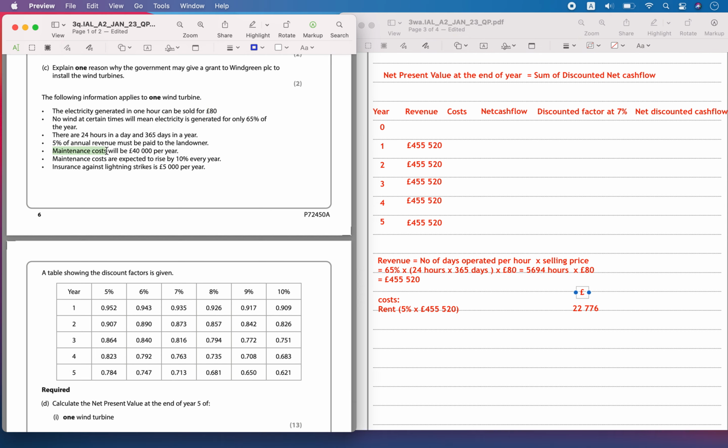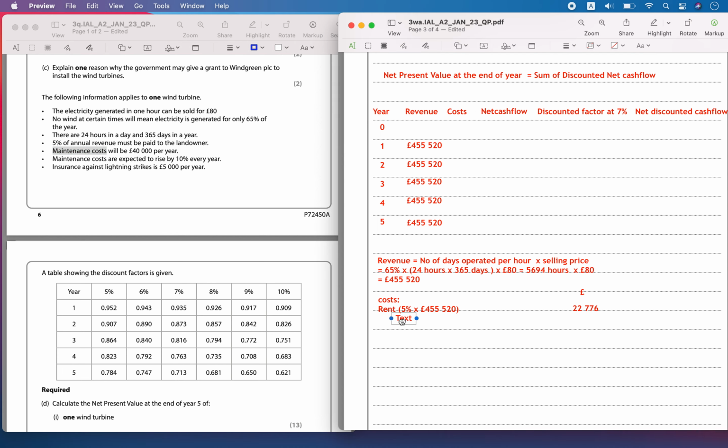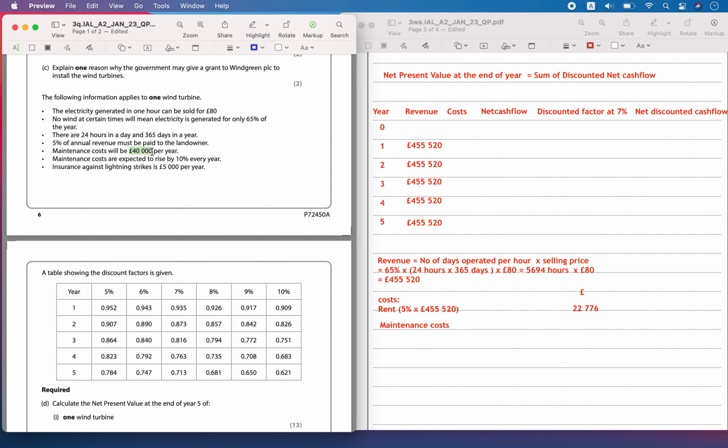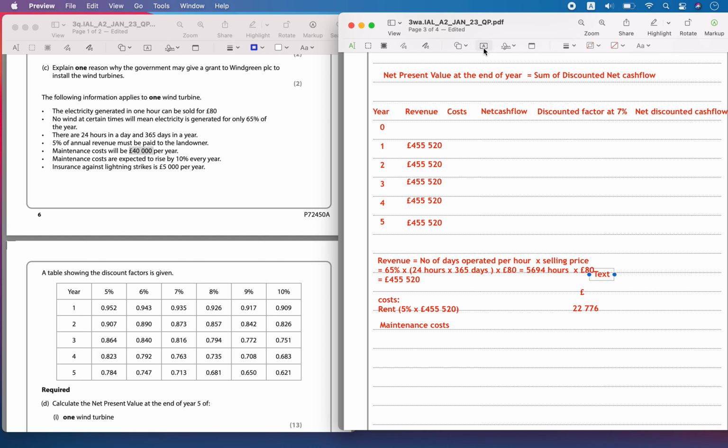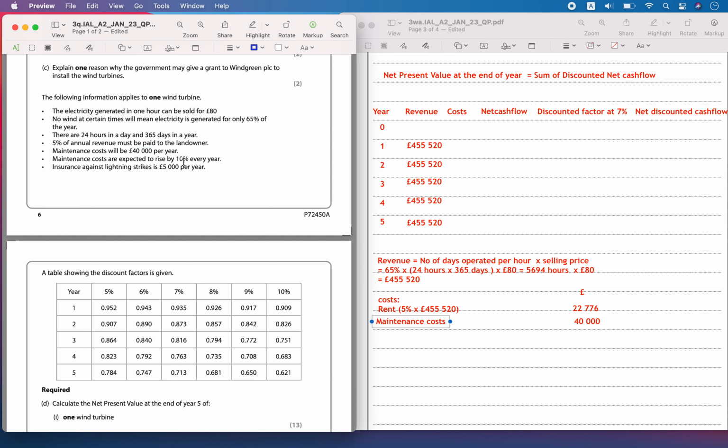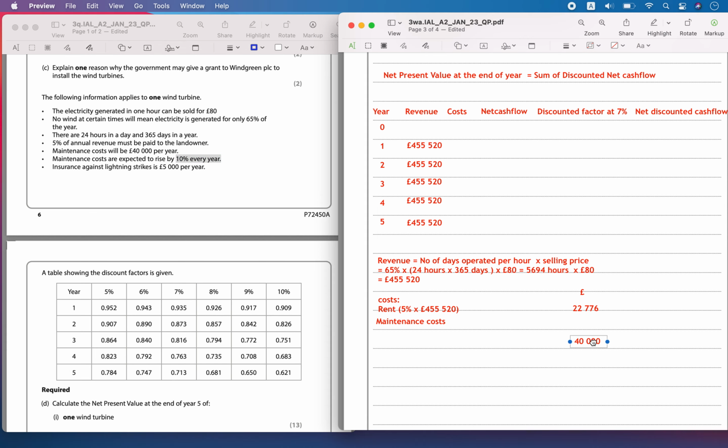Then they have maintenance cost, which will be 40,000 pounds per year, so 40,000 for the entire year. And one more thing: it is going to increase by 10% every year. So let's calculate the total maintenance cost for each year.